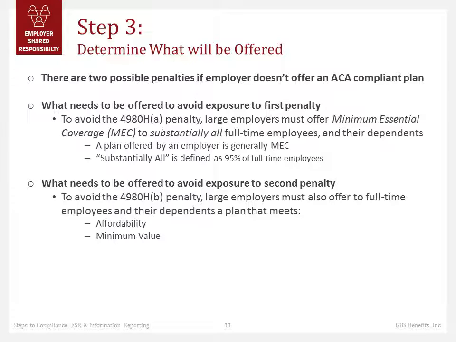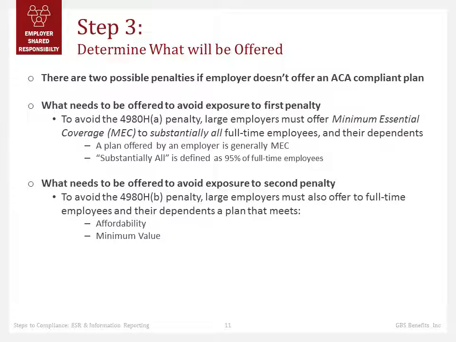Most plans meet minimum essential coverage unless you've put together a skinny plan. And substantially all full-time employees means, at least starting with 2016, 95% of your full-time employees. In 2015, it was 70%.